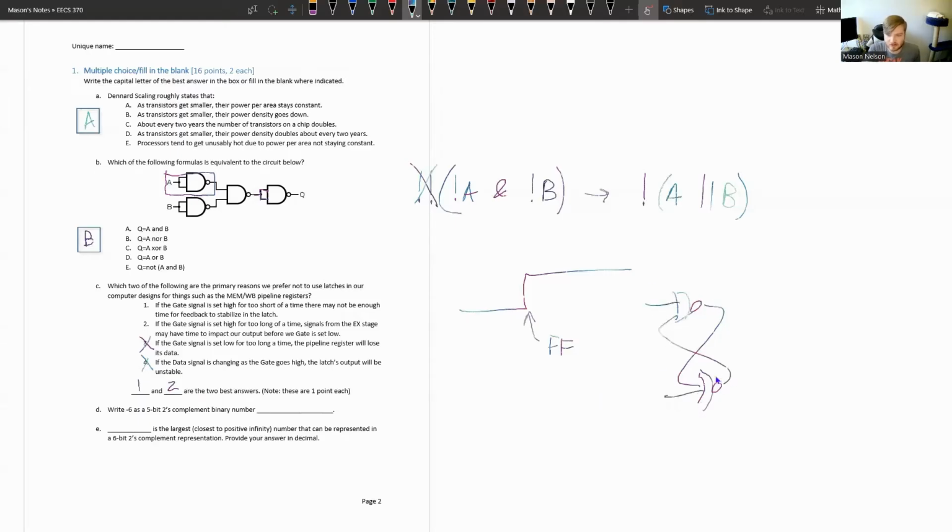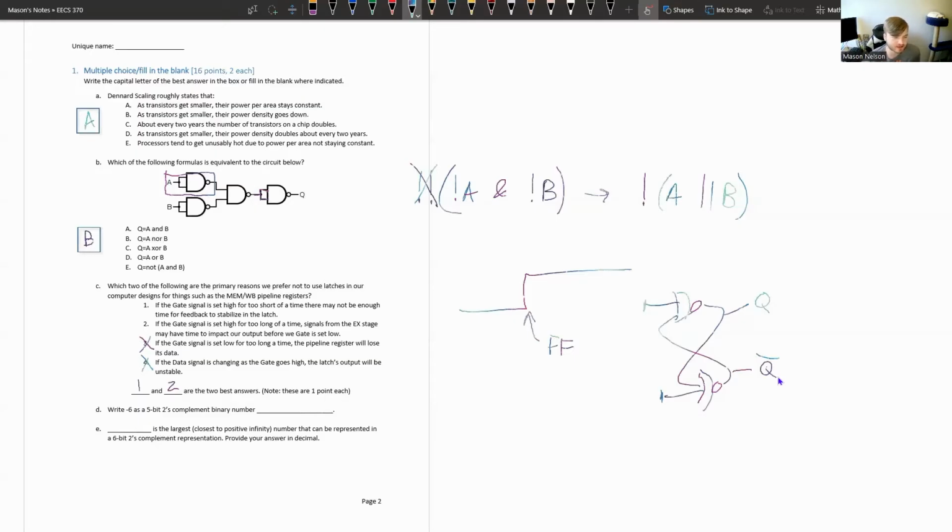If it's going through these gates and there's some sort of gate signal that's affecting the set and reset parts, then we might have some sort of inconsistency between this wire, let's call it Q, and this wire, not Q, and that could cause it to stabilize to an incorrect value in the end. So that would be bad.